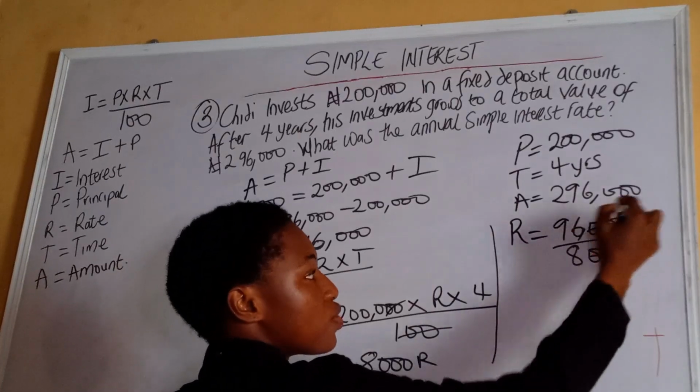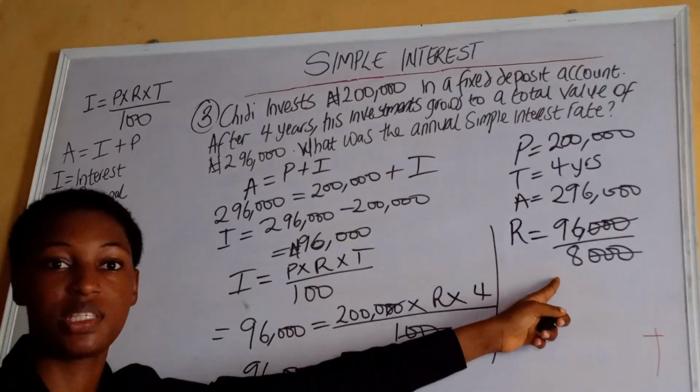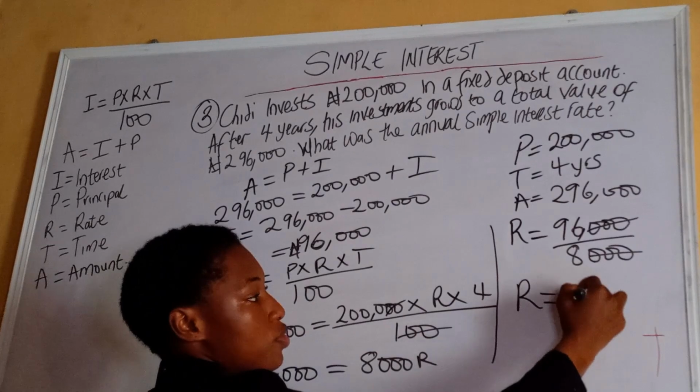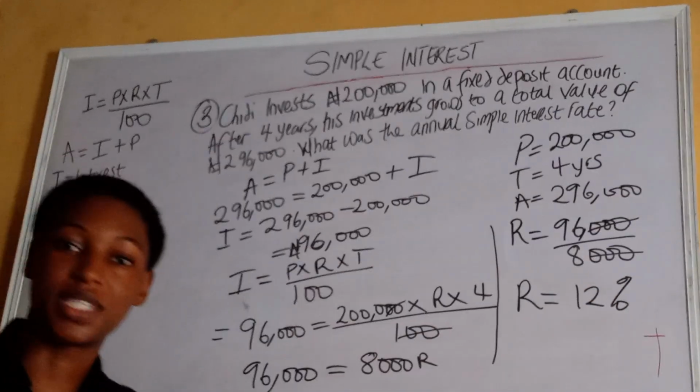These three zeros can cancel these three zeros out. 96 divided by 8 is 12. So my R becomes 12%. The annual rate is 12%.